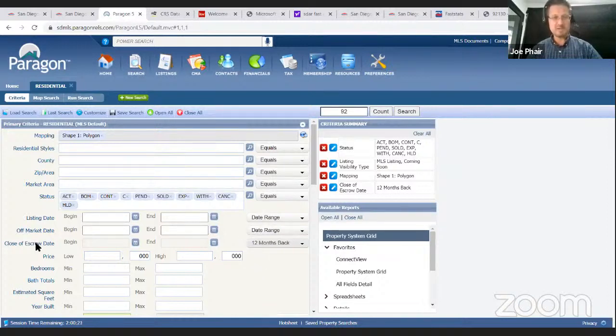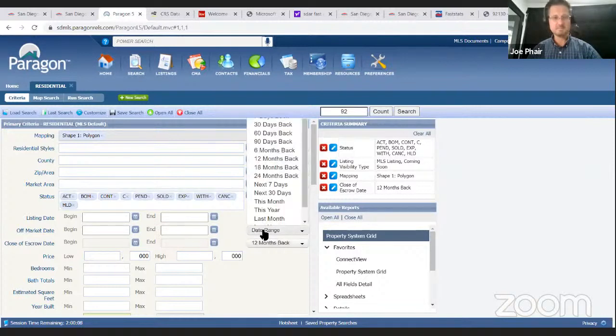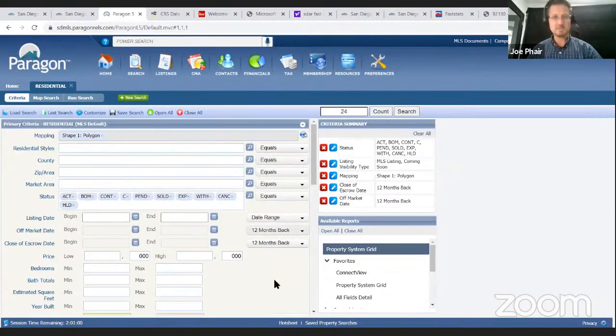Okay, close of escrow date. I'm going to go the last 12 months. Now appraisers only go back 6 months, but as agents, we want to know what's been going on in that community, right? Off market date. Let's go 12 months back as well. Okay, so up here, 24 results. So let's take a look.